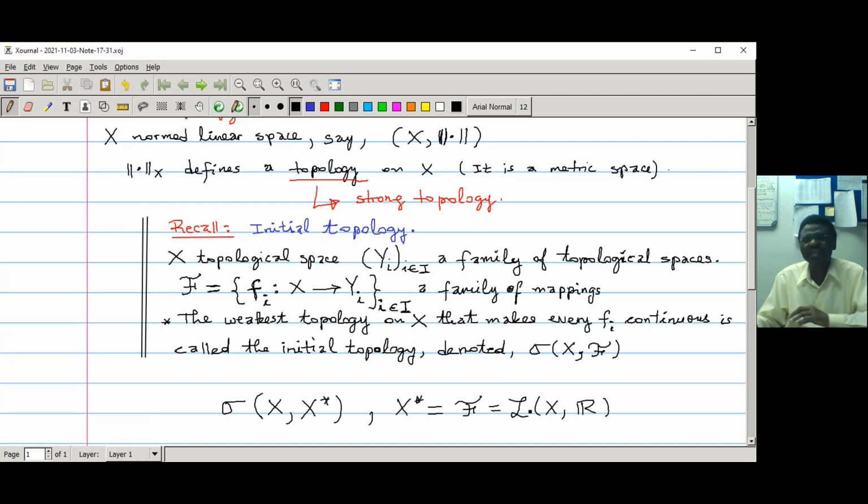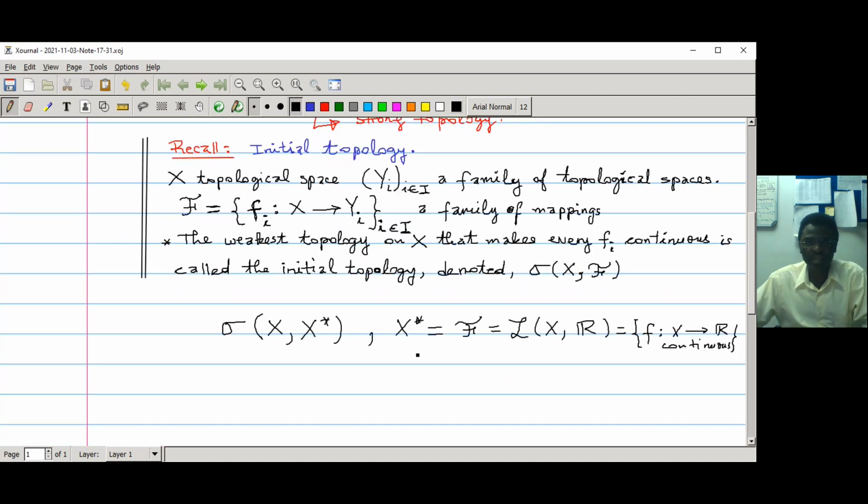So you see that here you have infinitely many. All possible continuous functions that you can imagine from X to R. That's our F. Infinitely many.